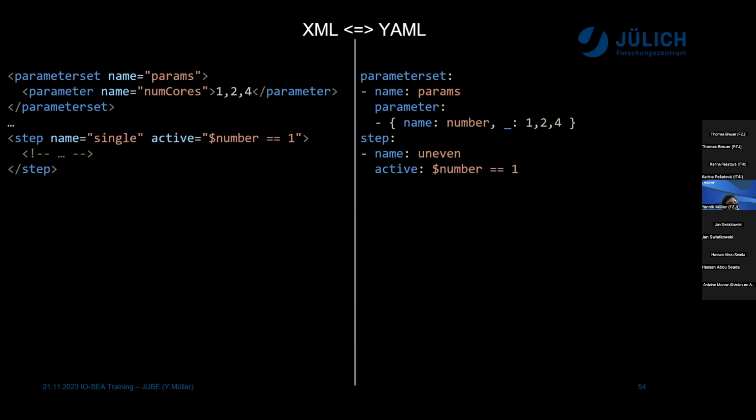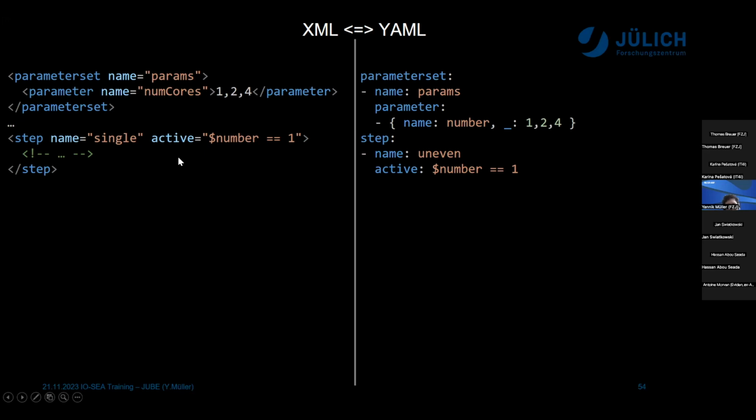If you go into the glossary, you can look it up, but I'm not even sure if it's complete there. Anyway, it basically says this step is only active when the expression here is true. This is only Python this time. You cannot choose your language here, but it should be enough. So just a Boolean expression, and if it's not true, well, the step will not be executed.